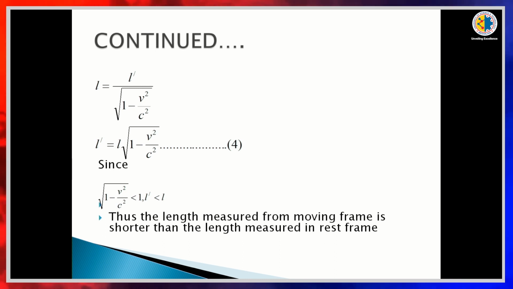So, v is always less than c. Therefore, this term is less than 1. So, we get by equation 4, L dash less than L. So, we get that the length measured from the moving frame is shorter than the length measured in the rest frame.